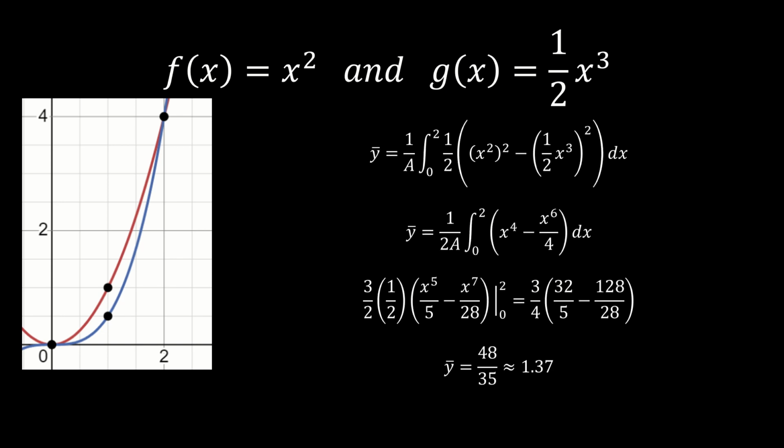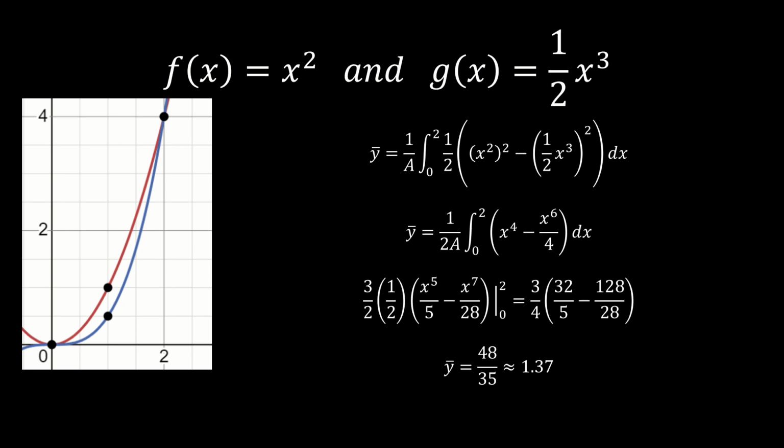Y bar, well, that's going to be 1 over the area from 0 to 2 of 1/2 times the quantity of x squared minus the quantity 1/2 of x cubed squared, and then taking the integral of that. First simplifying what's being squared, that gets us x to the fourth minus x to the sixth over 4. Plugging in everything we need, we'll get 3/2, the inverse of area, times 1/2, times the quantity x to the fifth over 5 minus x to the seventh over 28, or 4 times 7.